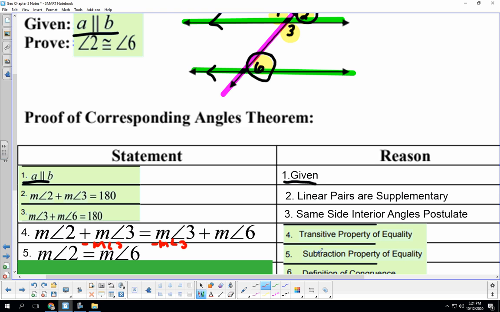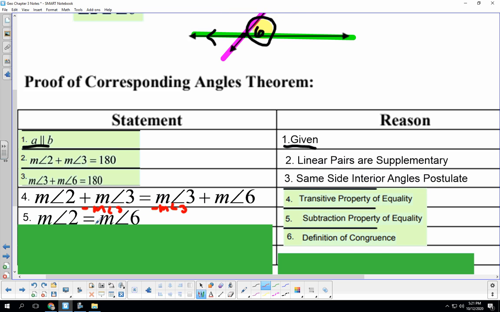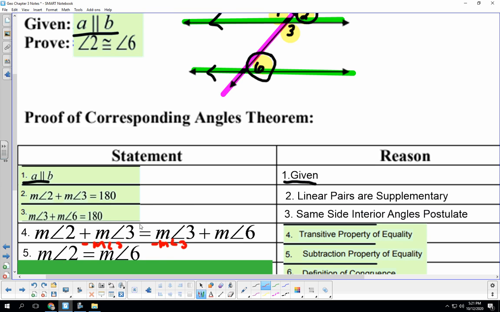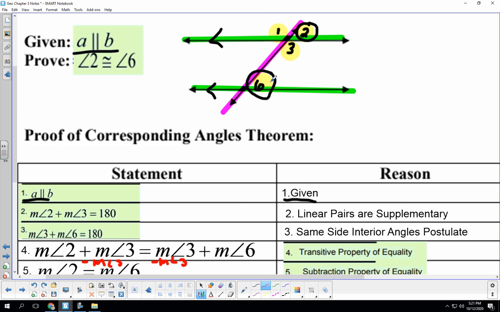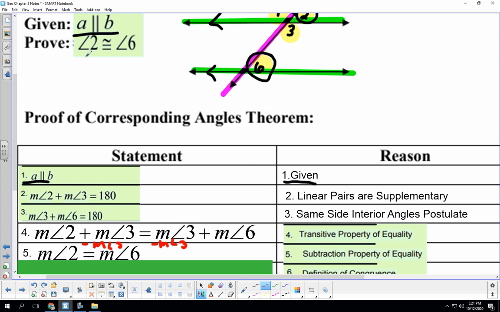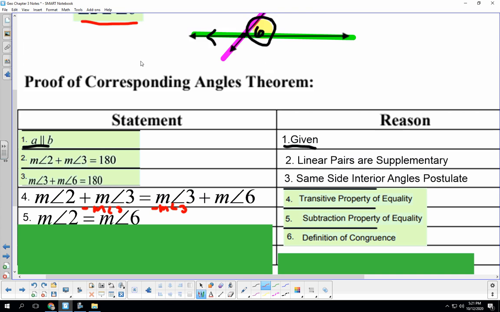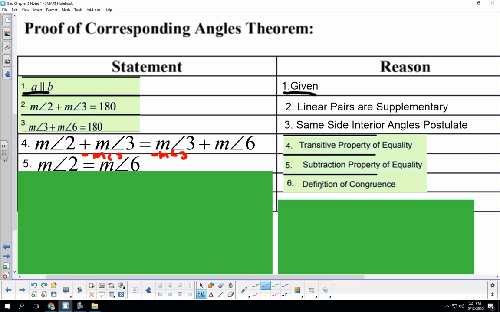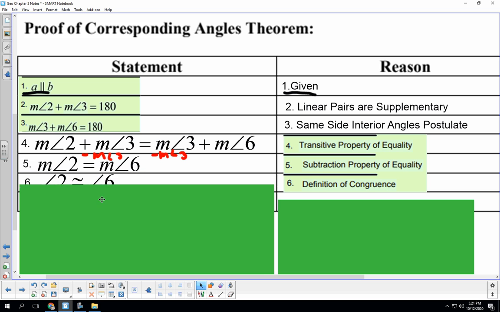So we use the subtraction property to get that the measure of angle 2 is equal to the measure of angle 6. What? And we're trying to prove angle 2 is congruent to angle 6. The definition of congruence is that if the measures are equal to each other, then the angles are congruent. Da da da da. Victory. All righty.